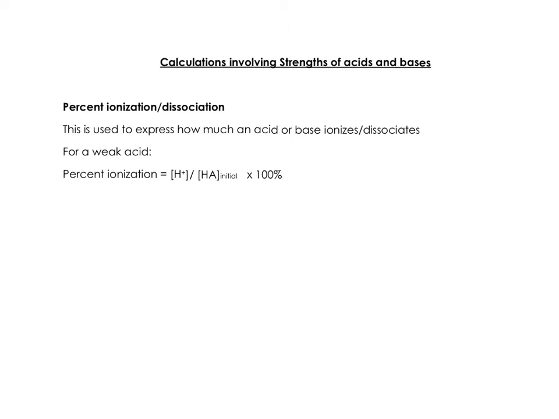So just to review here, calculations involving the strengths of acids and bases. We can do the percent ionization or dissociation, and this is used to express how much an acid or a base ionizes or dissociates. So it's the amount of H plus over the initial amount of acid times 100%.